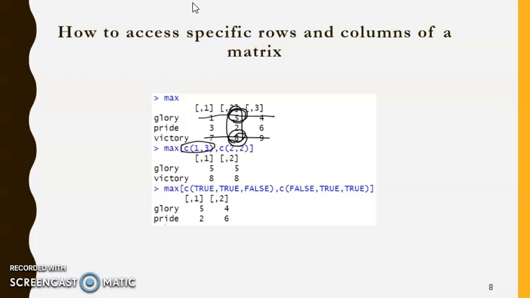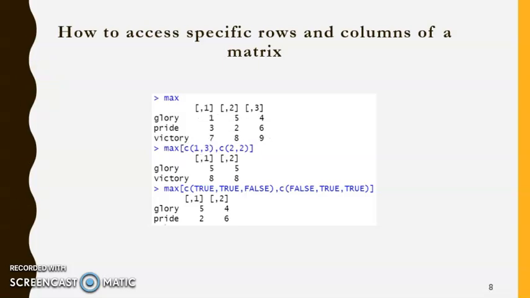You see, 5, 8. The other way is that instead of putting the numbers, you put the vector of true and false. For example, here you say I want the first and second rows, and here you say I want the second and third columns.